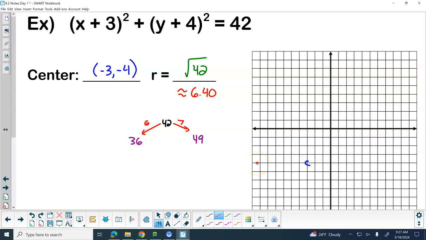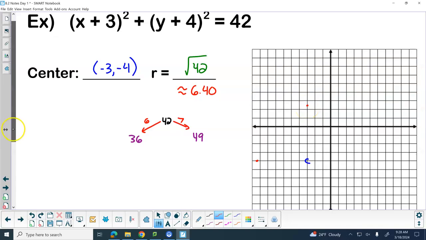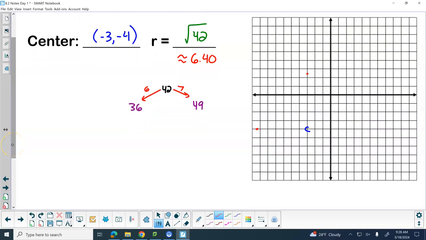Up 6.40. 1, 2, 3, 4, 5, 6.40. Right 6.40. 1, 2, 3, 4, 5, 6.40. Down 6.40. 1, 2, 3, 4, 5, 6.40.